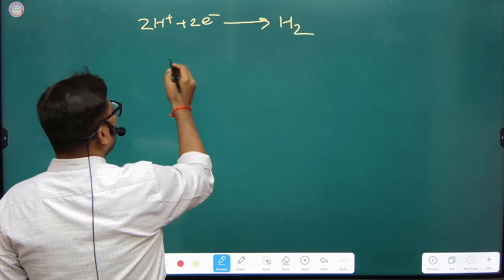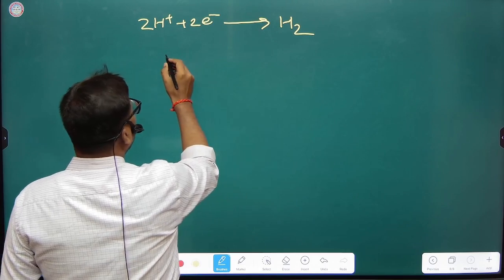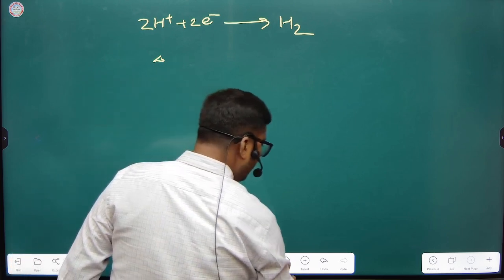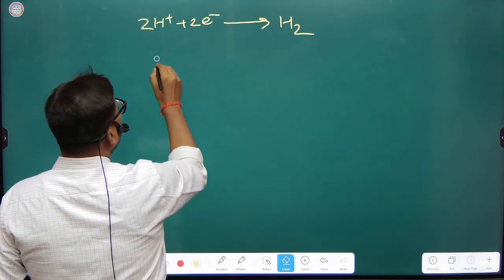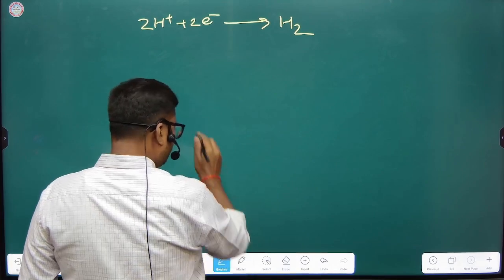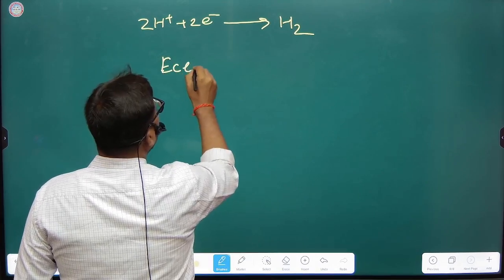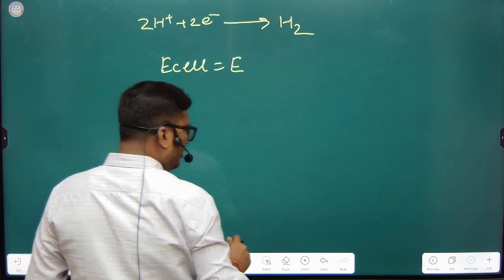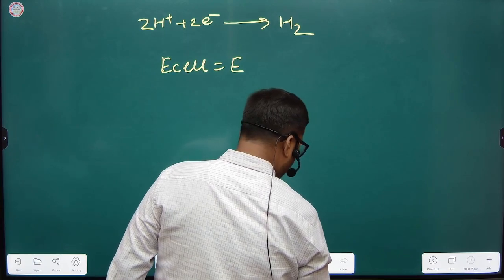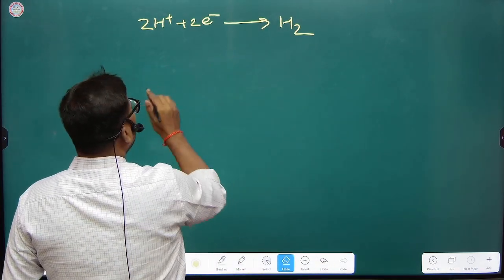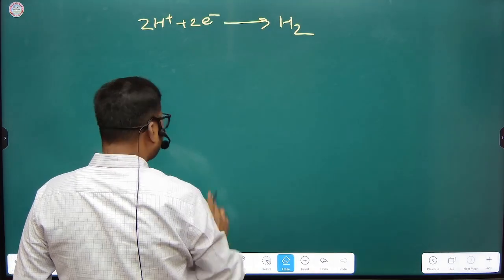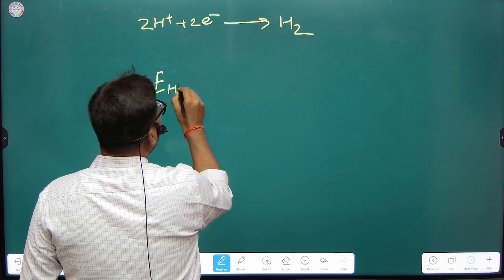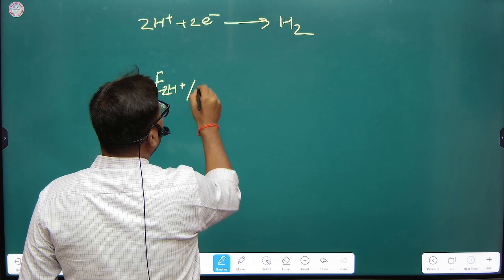So as you know, it is not E cell, it is a single reaction, so here we write E for 2H plus going to H2.